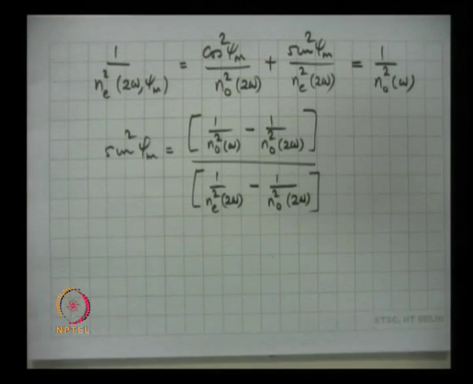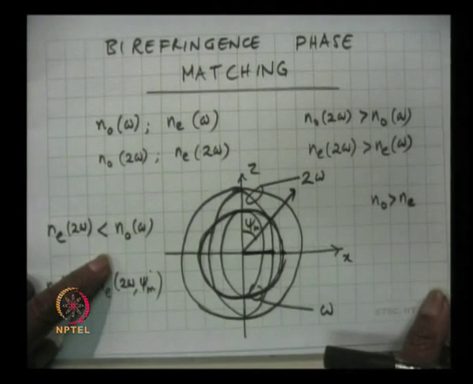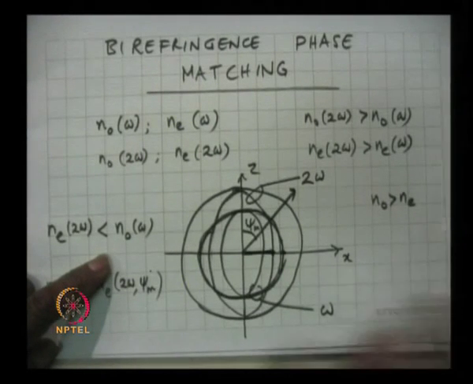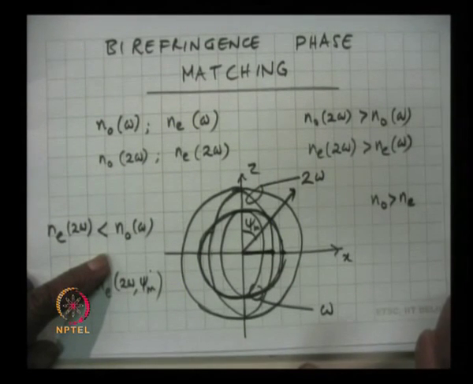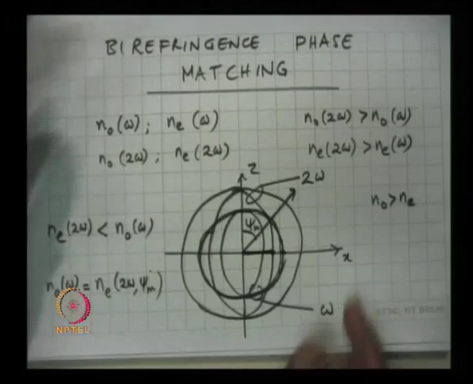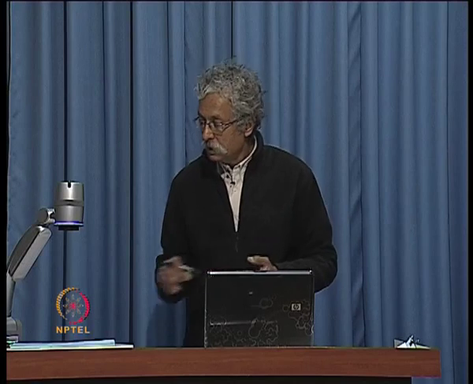If Ne of 2 omega happens to be larger than No of omega, then the ellipse will lie outside the inner circle and there is no birefringence phase matching possible. So, birefringence phase matching requires anisotropy and certain relationships between dispersion and birefringence.